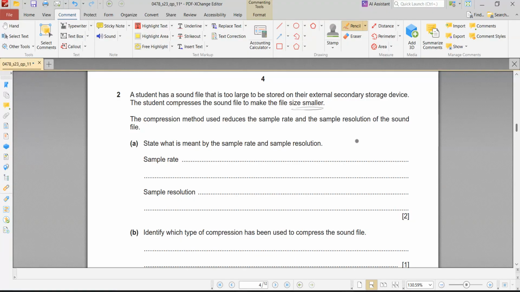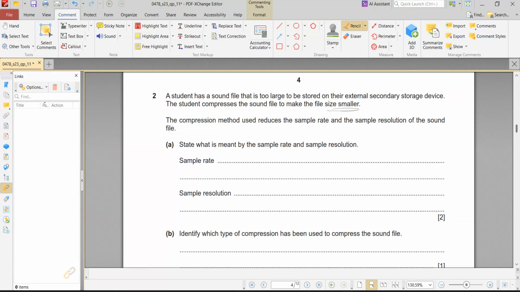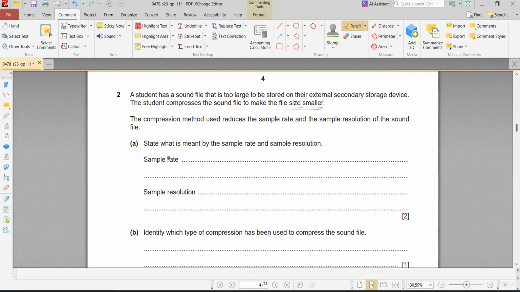As you know, the sample rate is simply the number of samples taken in 1 second. So I'm going to write down here: the sample rate is the number of samples taken in 1 second. So this is what we mean by sample rate.